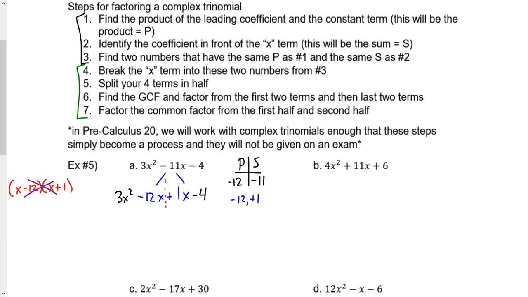Next step, find the GCF and factor it from the first 2 terms and then the last 2 terms. That means from these 2 terms, I'm going to take out a 3x, which means I'm then left with x subtract 4.